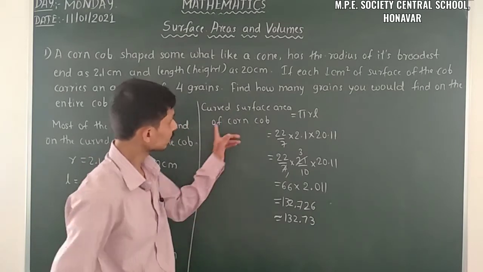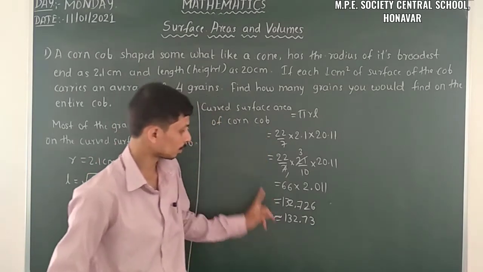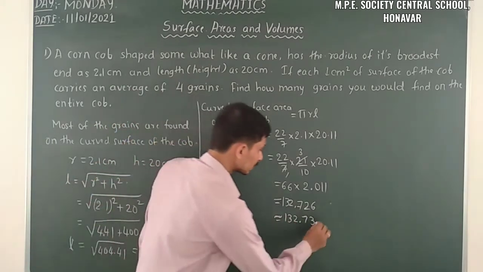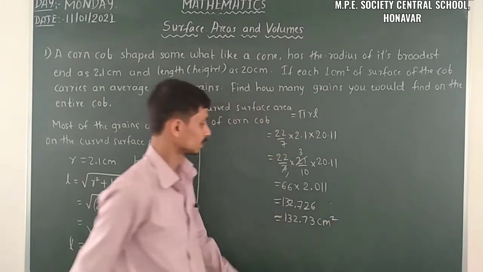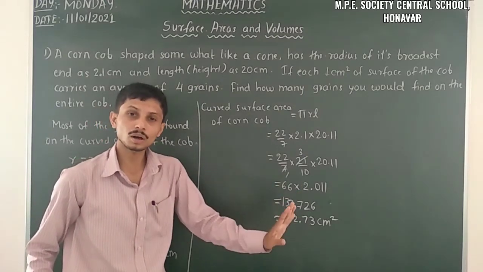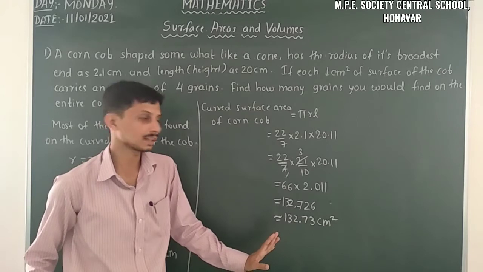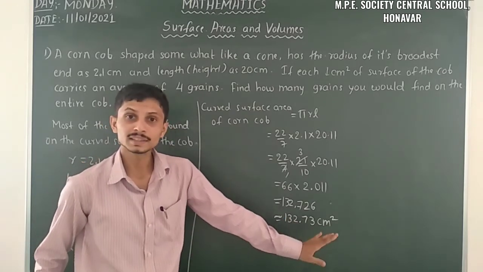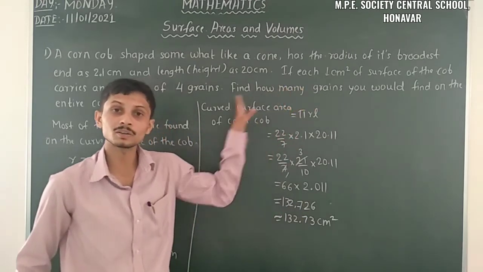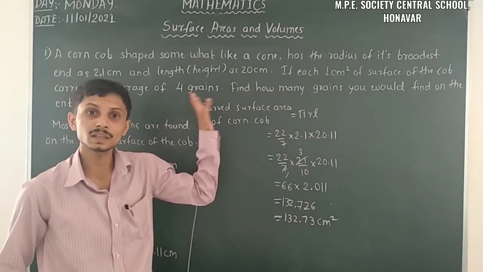So the curved surface area of the cone is nearly equal to 132.73 centimeter square. We found that the cone has a curved surface area of 132.73 centimeter square.